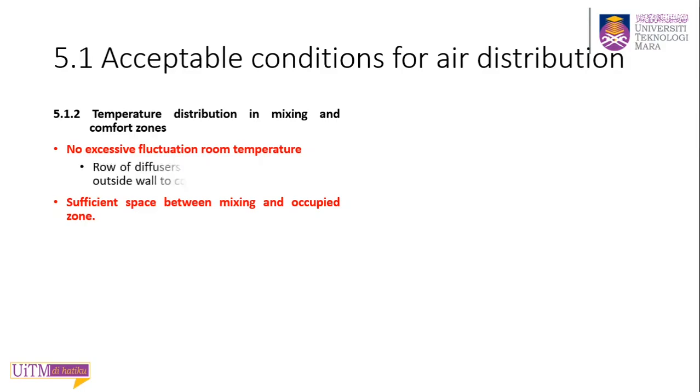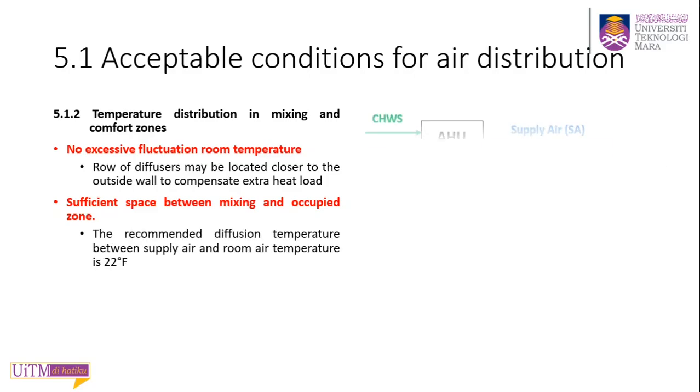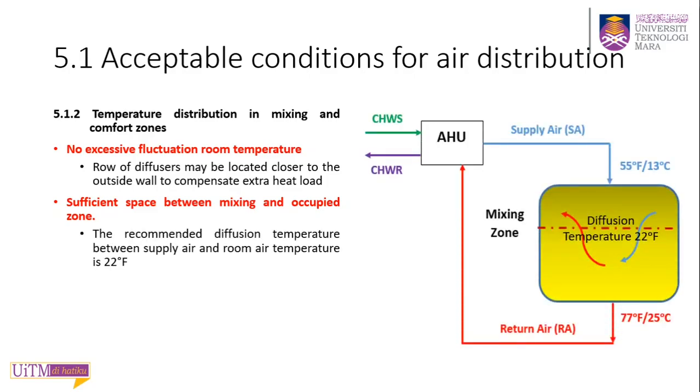To prevent excessive fluctuation in room temperature, the row of diffusers may be located closer to the outside wall to compensate extra heat load from external sources. There should be enough space between mixing and occupied space to allow the supply and room air temperature to diffuse, and the recommended diffusion temperature is 20 degrees Fahrenheit inside the space.